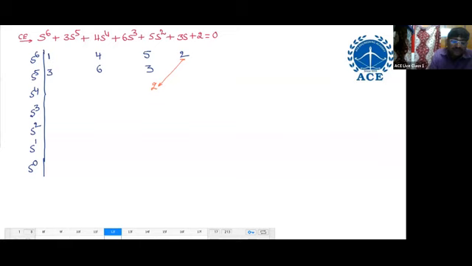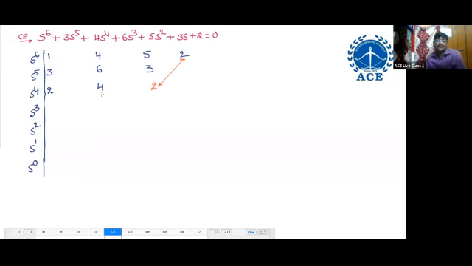Then the next row: 3 into 4 is 12, 12 minus 6 is 6, 6 by 3 is 2. Next, 3 into 5 is 15, 15 minus 3 is 12, 12 by 3 is 4.